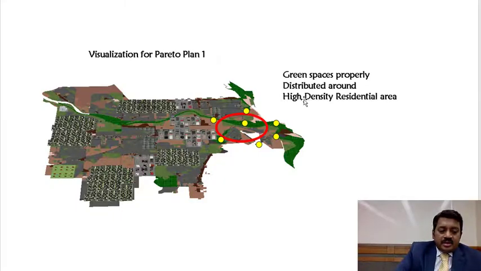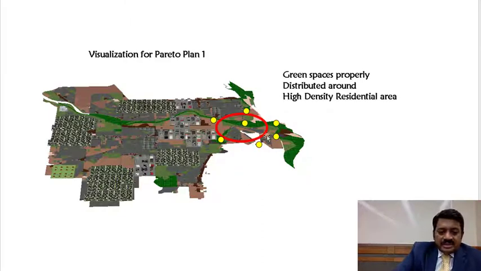So it is clearly evident that this kind of visualization offers a better way to navigate through, interact with the scenes, and identify the strengths and weaknesses of each scenario.